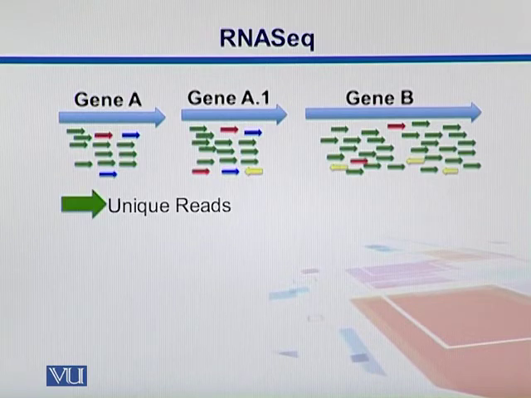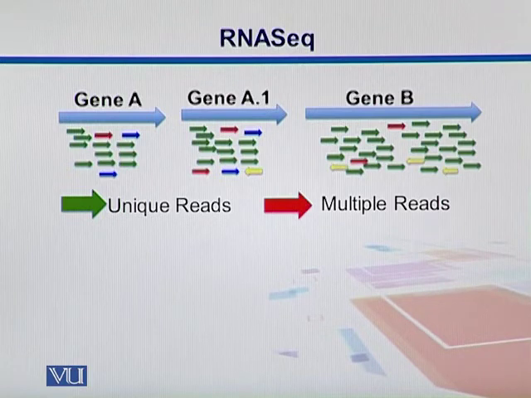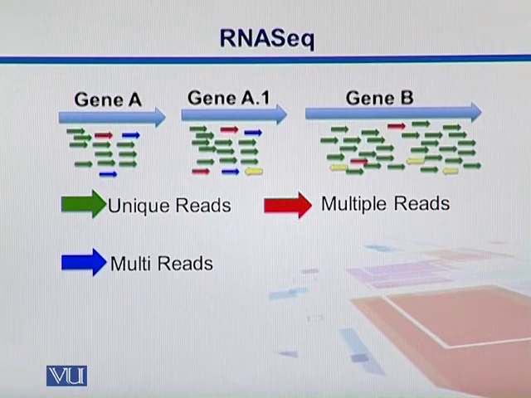Green ones are unique reads which are uniquely mapped, and multiple reads can go and align to different genes, and they can align to different alternative splice variants. So remember here gene A and A.1 are alternative splice variants of gene A, whereas gene B is a different gene. So A and B are two genes, and within A we have A and A.1. A multi-read can go to multiple locations, but within different alternative splice variants of the same gene.